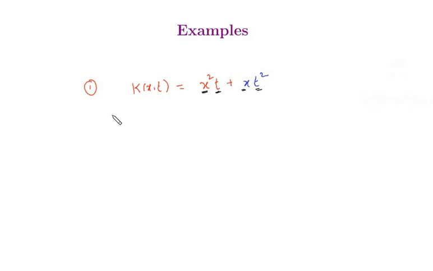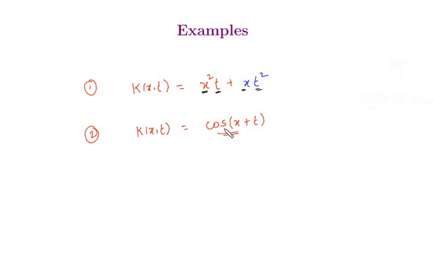Next example, say the kernel K(x,t) equals cos of (x plus t). In this case, directly we cannot say it's a separable kernel. What we can do is use the formula of cos of (x plus t) and expand it, so you can write it as a sum of two functions, cos x cos t minus sin x sin t.